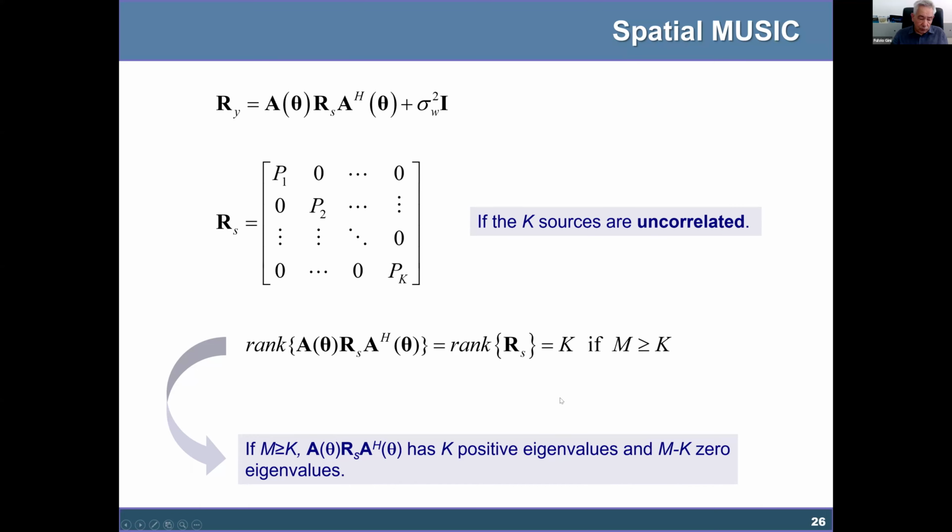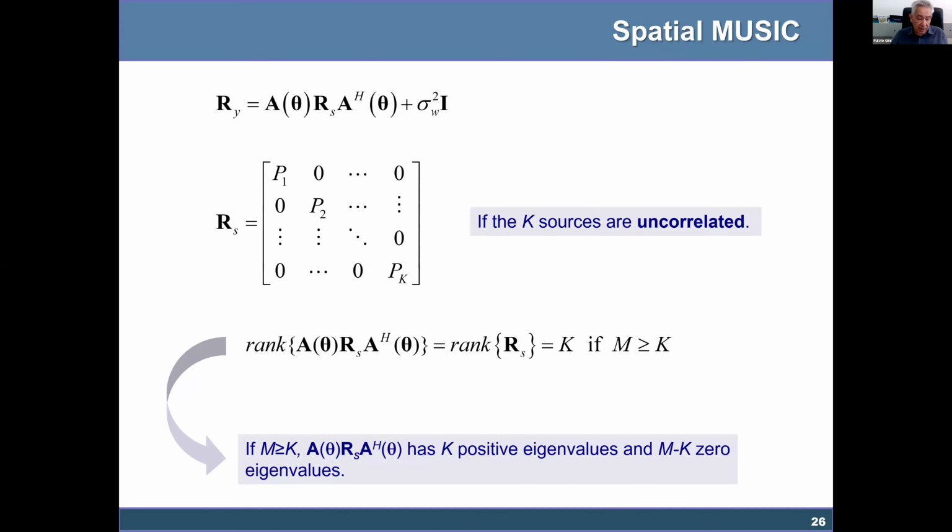Now, this matrix has eigenvalues, because it's a Hermitian matrix. This matrix is M by M. So if the rank is K, it means that this matrix should have K eigenvalues different from 0.